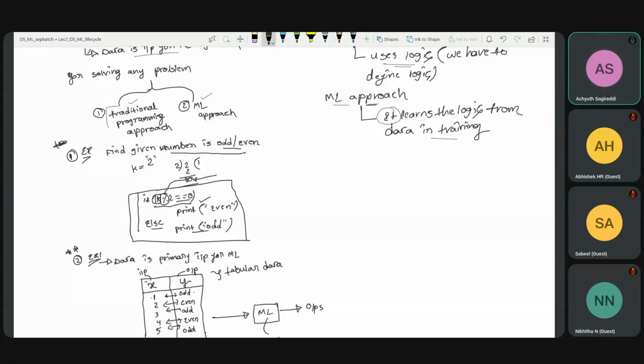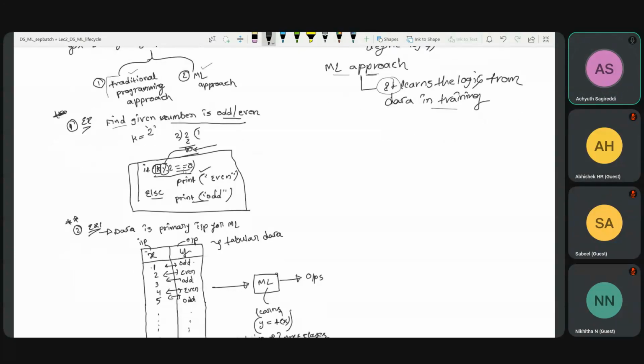Here we have seen an example. This is the problem: to find whether a given number is odd or even. For that, in the traditional approach, we have programmed a logic for finding even or odd.